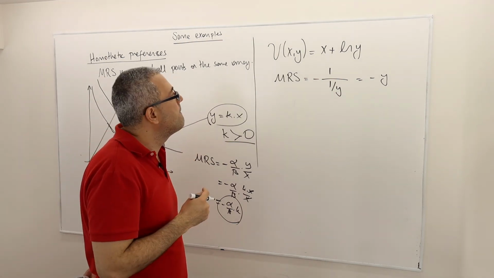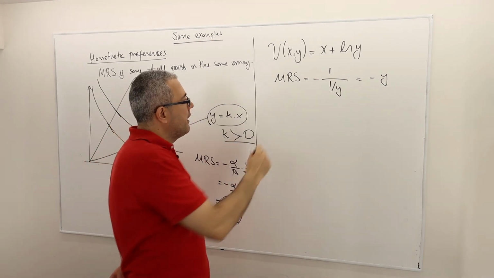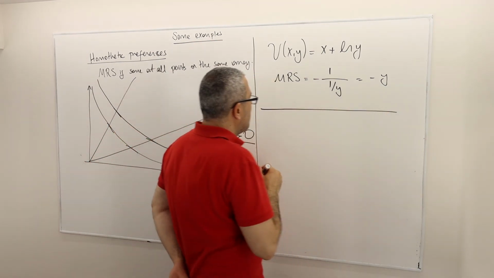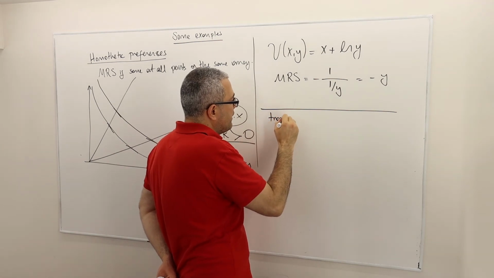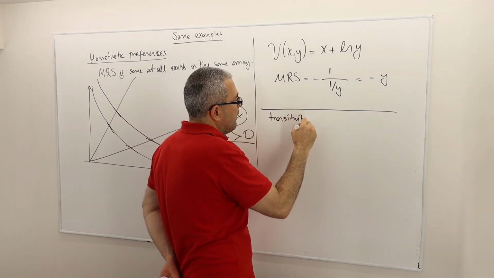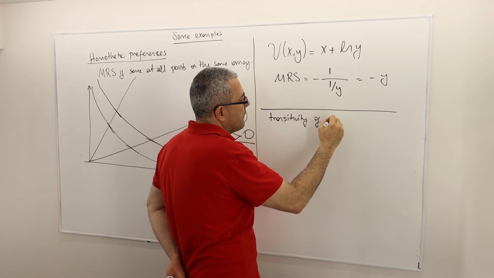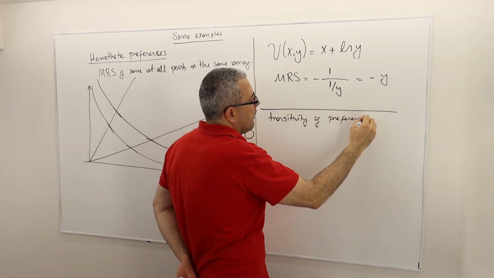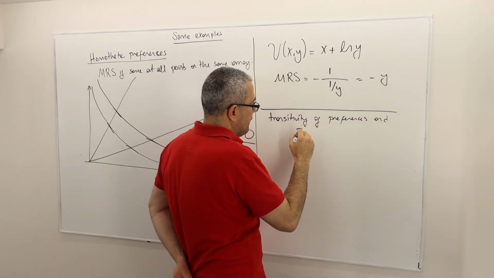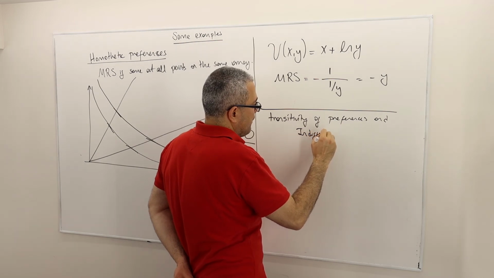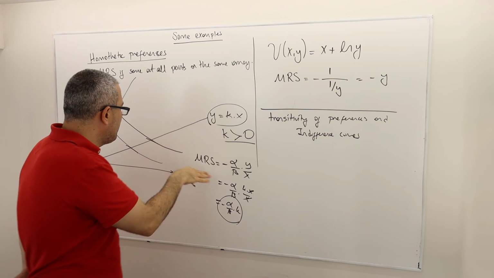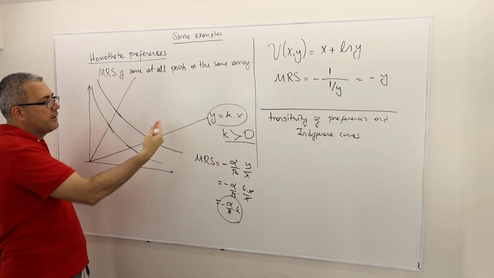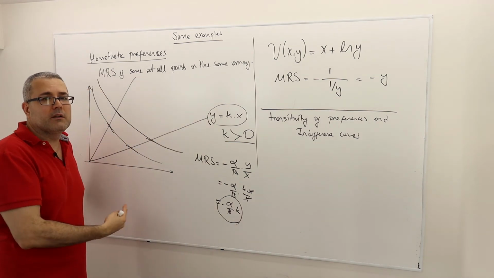Okay, so one final thing before we conclude is the transitivity of preferences and indifference curves. So if you remember, I keep drawing the higher indifference curves somewhat parallel to each other.